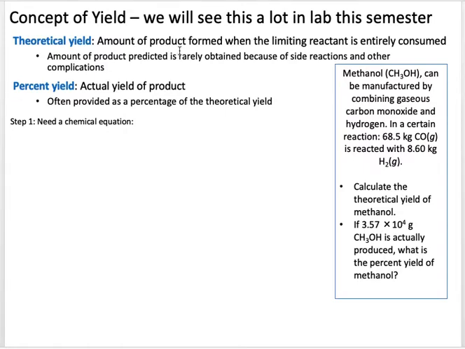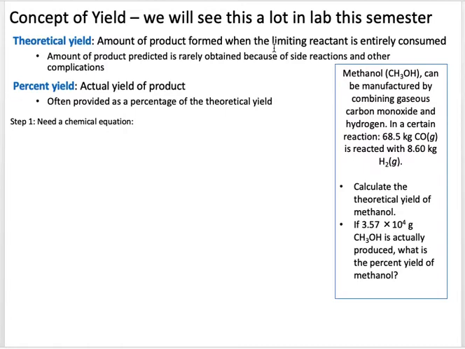Theoretical yield is the amount of product formed when the limiting reactant is entirely consumed. Now, this makes sense, and you're like, well, that should always happen. But there's a difference between what happens in the real world, in lab, and what happens in our textbook. So obviously you've all been in lab before, hopefully. And I know this semester we are in electronic labs. But for the most part, you know that things happen in lab.